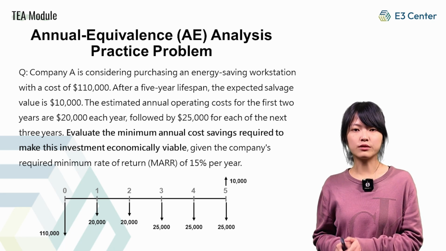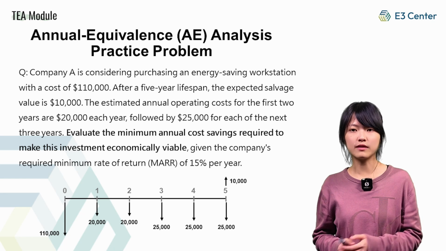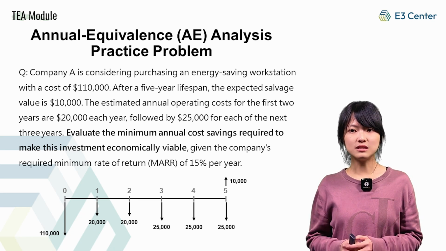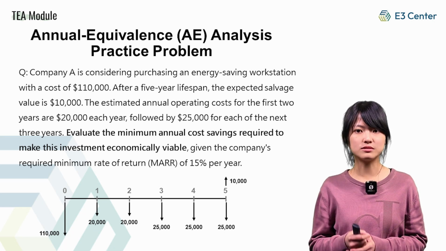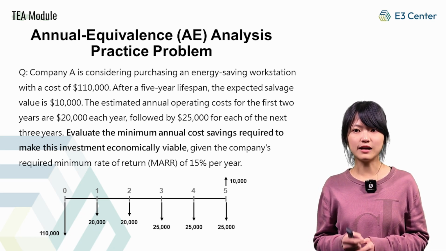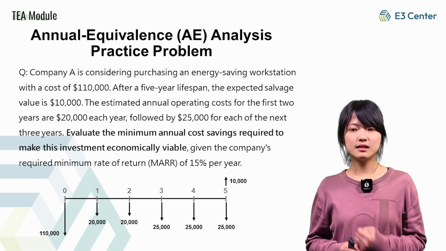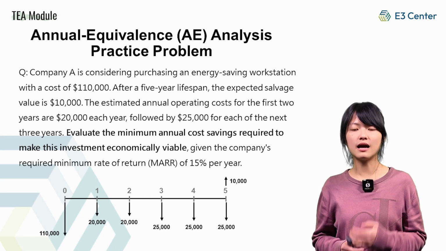For the subsequent 3 years, the operating cost will increase to $25,000 annually. Given these numbers, we need to determine the minimum annual cost savings necessary for this investment to be considered economically viable, given the company's required rate of return is 15% per annum.